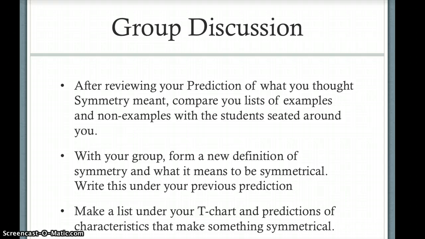What qualities are you looking for? So what makes something symmetrical? What kind of things would you look for? If you were to tell someone, hey, I think that's symmetrical, how would you explain to them that's symmetrical? What are the qualities you would look for? So go ahead and make a list with your group.